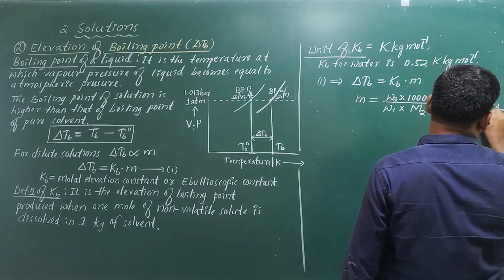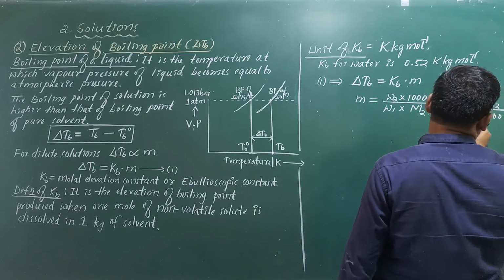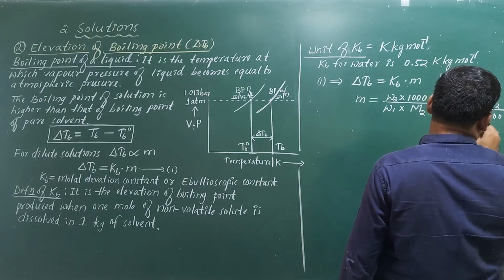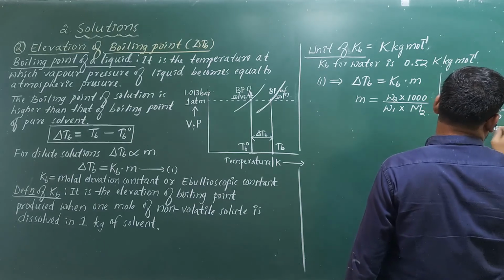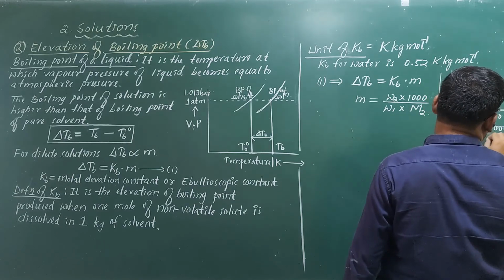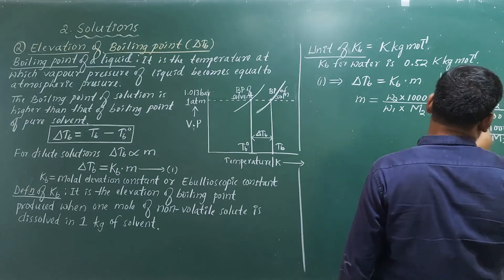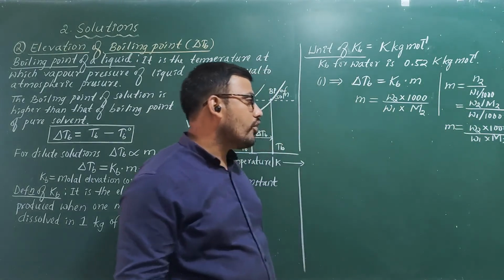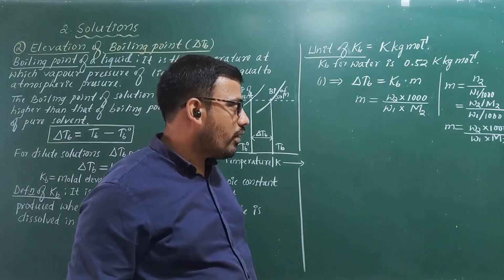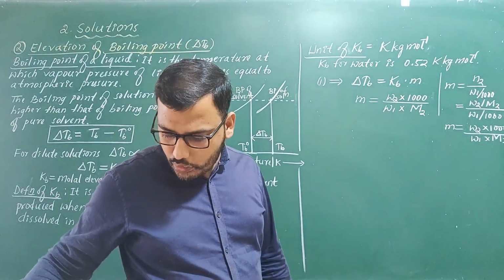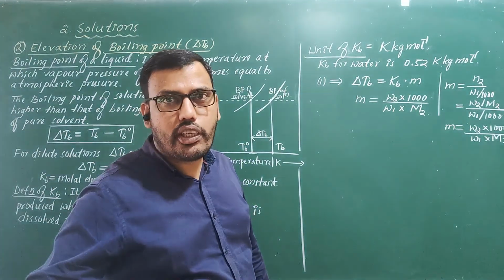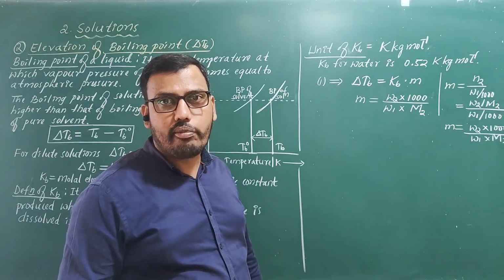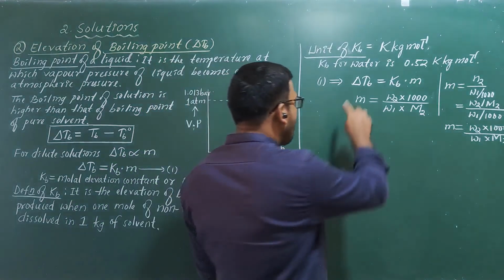So rearranging, you will get W2 into 1000 divided by W1 into M2. That's why I have written molality m is equal to W2 into 1000 divided by W1 into M2. Now let us substitute the value of molality small m in equation 1.